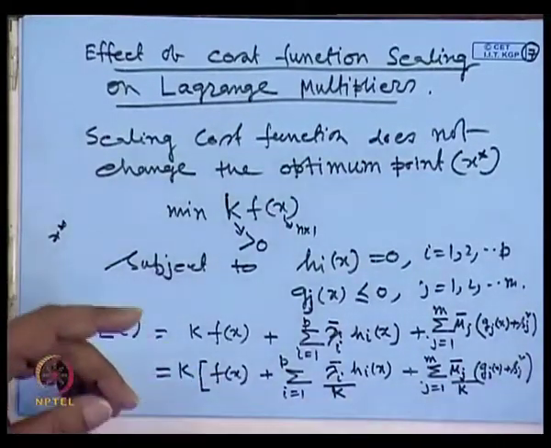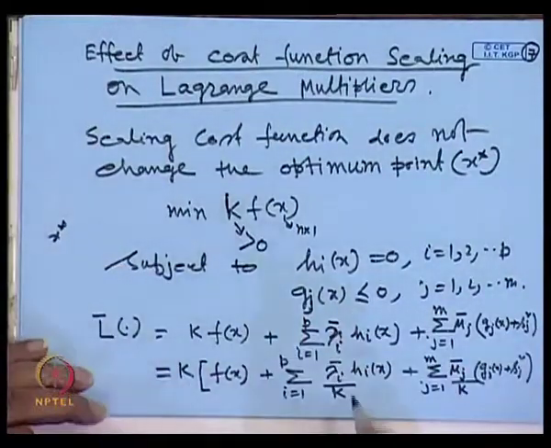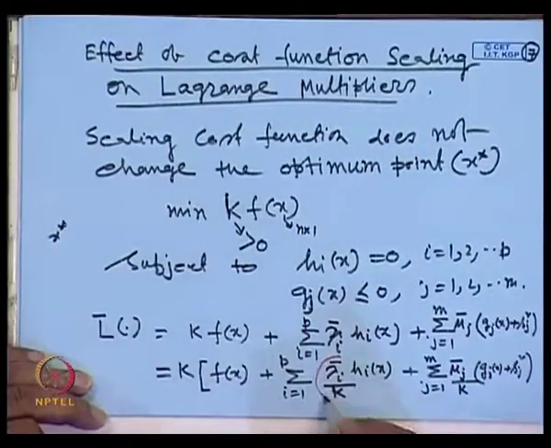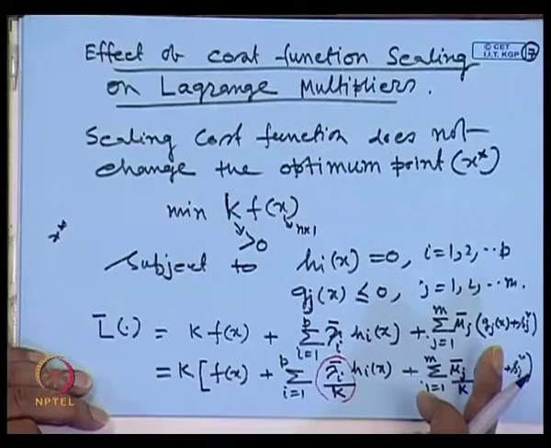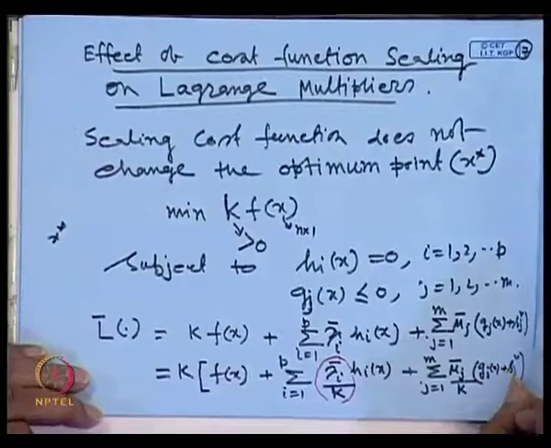Now, because this is divided by a constant quantity, whatever sign comes in lambda i bar, the sign will not change by this scaling. Similarly, mu j is greater than or equal to 0, a non-negative number, and k is a positive number, so this will not affect its sign.